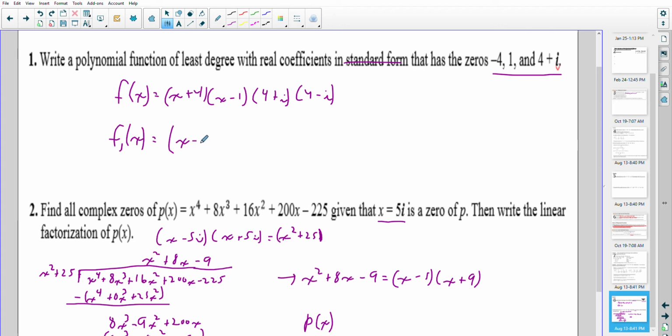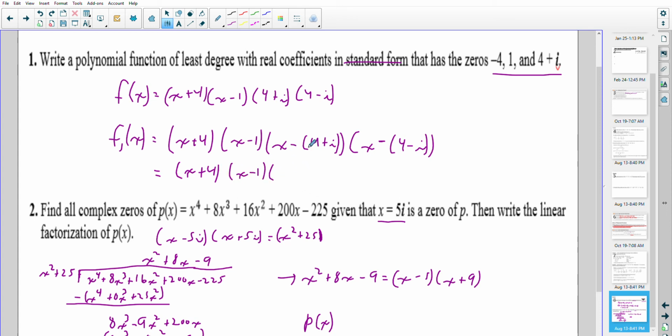So it's x minus negative 4 is x plus 4, x minus 1, which is the same, and then it's going to be x minus 4 plus i, and you've got to be really careful when you're doing that, and then x minus the other factor, which is 4 minus i, or its conjugate, which means that your f of x is going to now equal x minus 4 minus i and x minus 4 plus i.